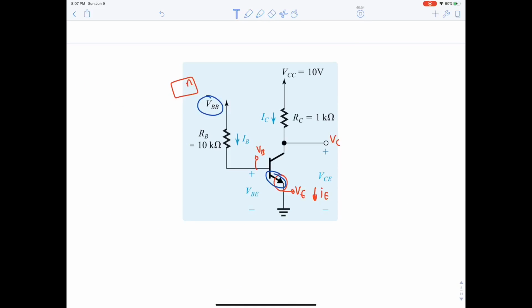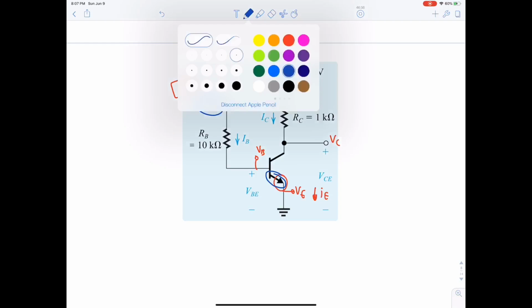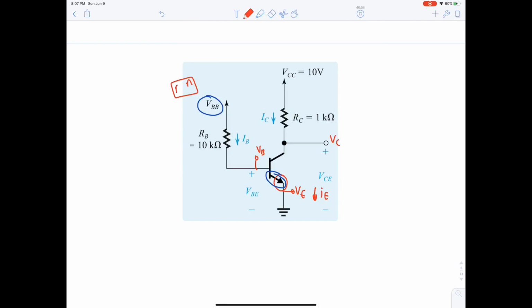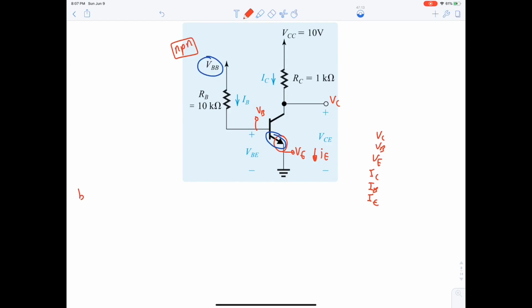Okay, it's NPN. Okay, now let's write the list again. VC, VB, VE, IC, IB, IE. Okay, we need to resolve this question with edge of saturation.